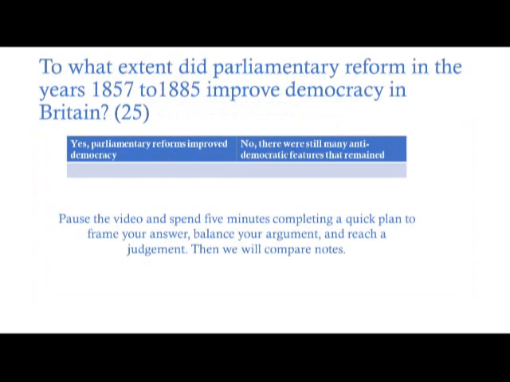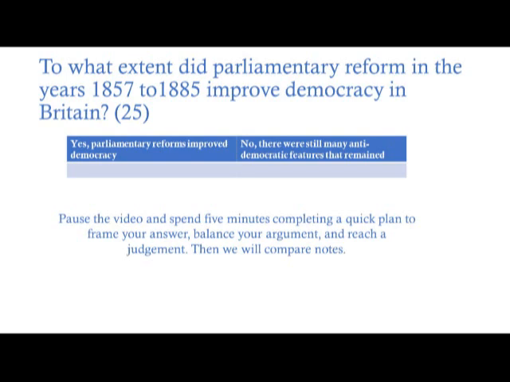So this question targets parliamentary reform in the years from 1857 to 1885. To what extent did parliamentary reform in the years between 1857 to 1885 improve democracy in Britain? Again, I'd like you to put together a little planning table.